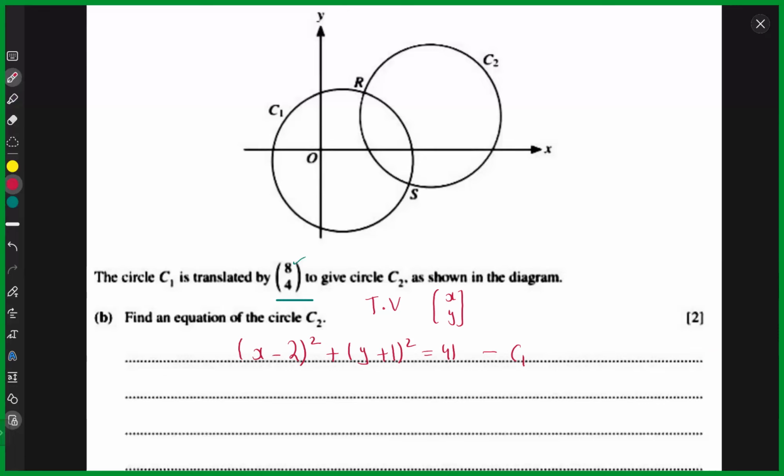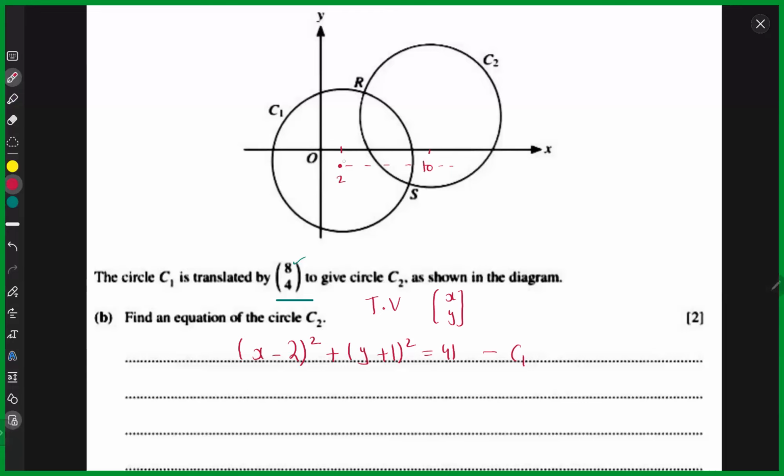So basically, that is also correct. You can think about it this way: if this was the center, it was 2 and minus 1. When we move the center 8 units to the right and 4 units above, you can think about it logically. When you move it 8 units to the right, for now it is at 2, and then it would be somewhere here and it would become 10.